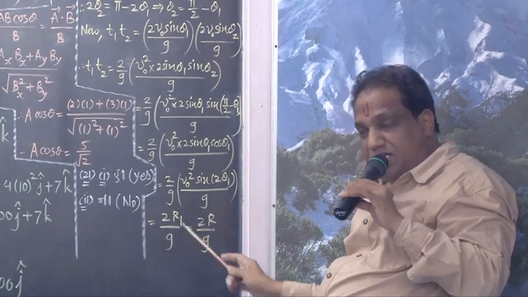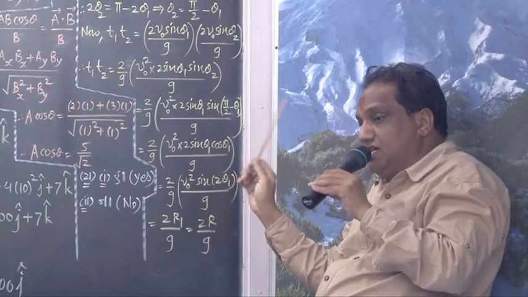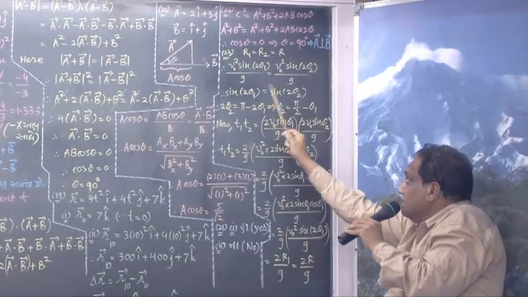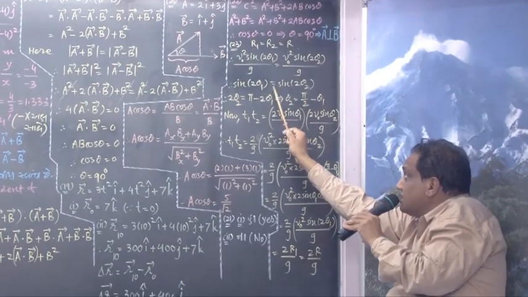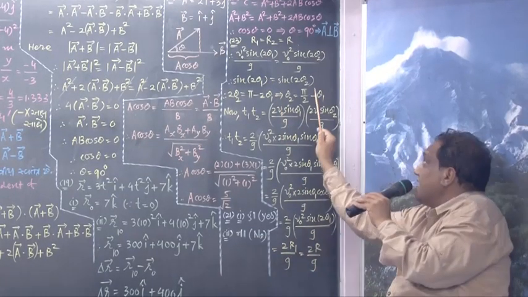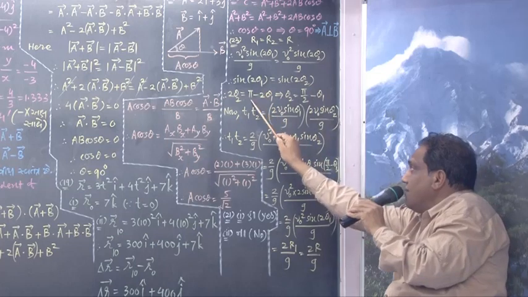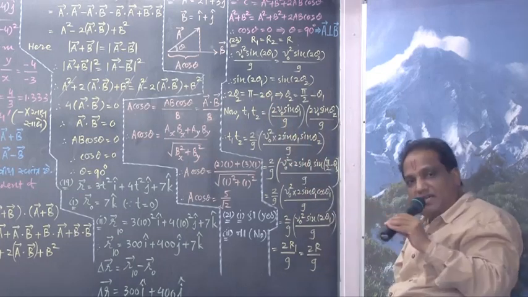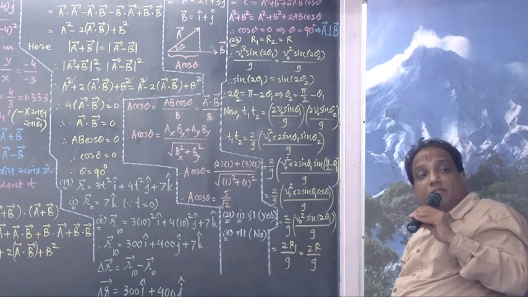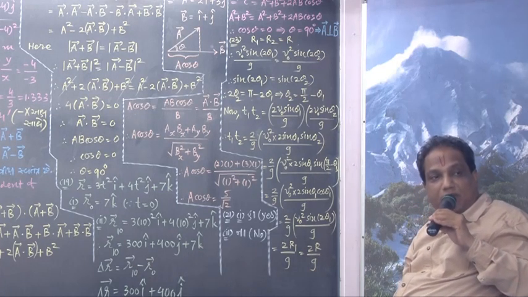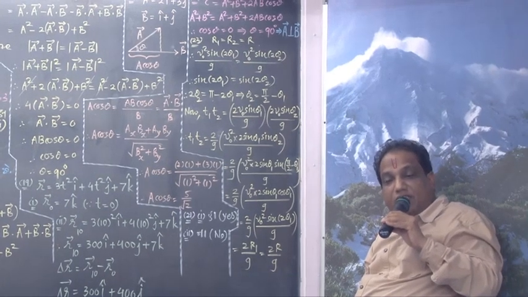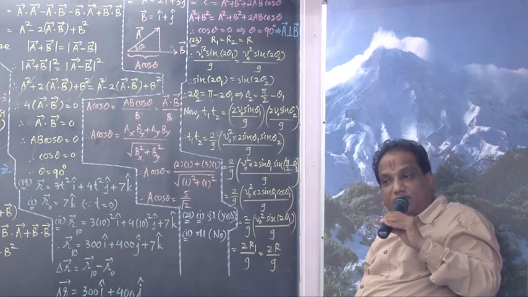Got it? What is the fact which is used here? For two different angles, if sine function values are same, then what is the second angle? Pi minus first angle. What was 150? Pi minus 30. What was 30? First angle. So second angle equals pi minus first angle.